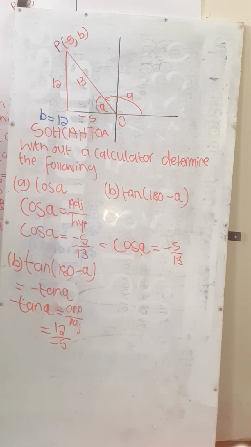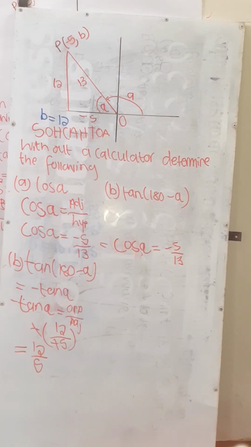Because this tan was negative, this is how you're going to do it. Include this negative of the tan, and then what you get is a positive 12 over 5. This will cancel that, and then you will have a negative 12 over 5.